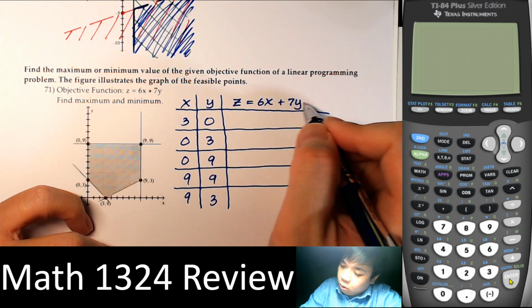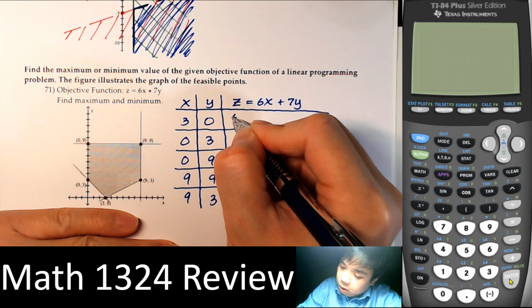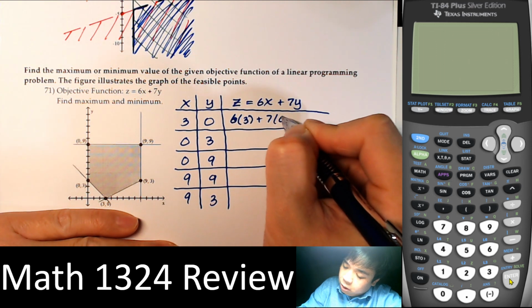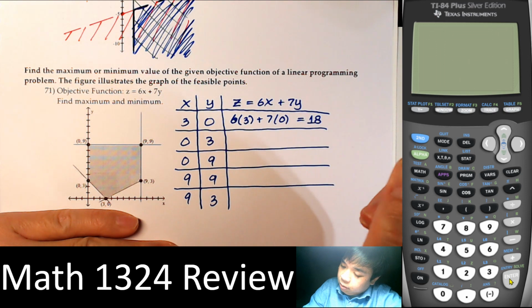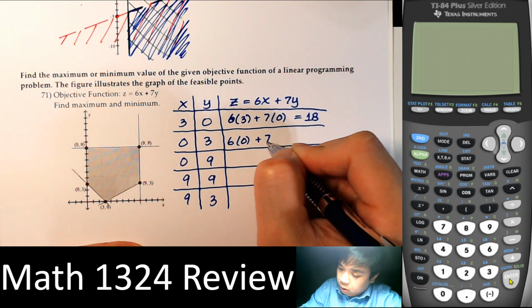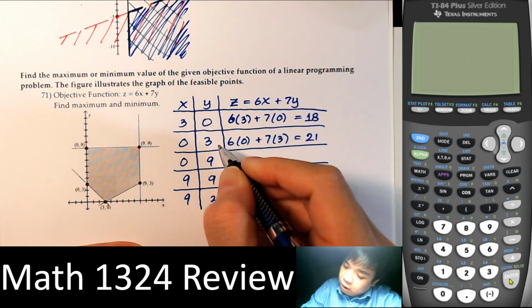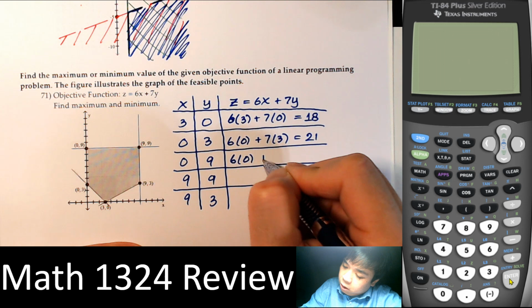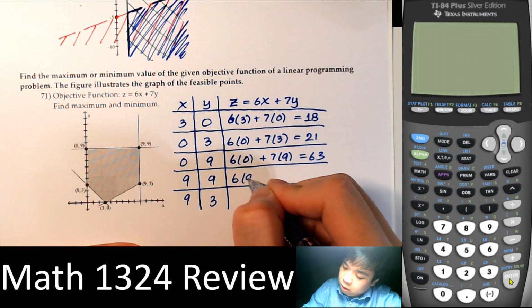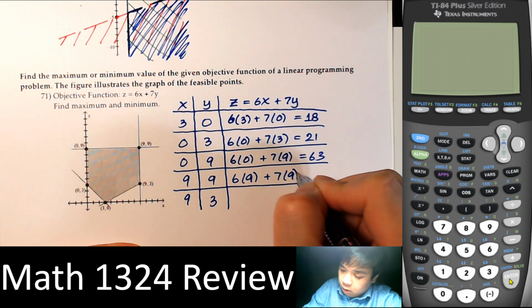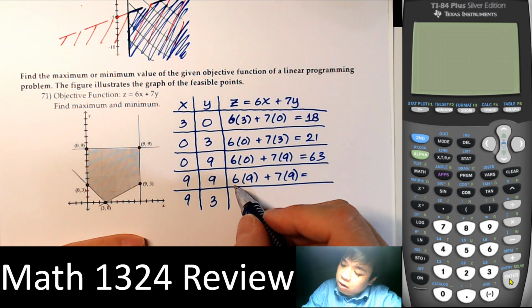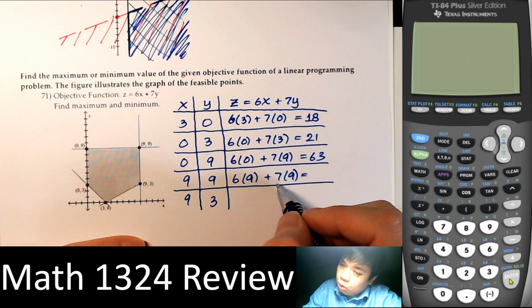Just put x and y in it. So 18, 21, 63, 54 and 63.